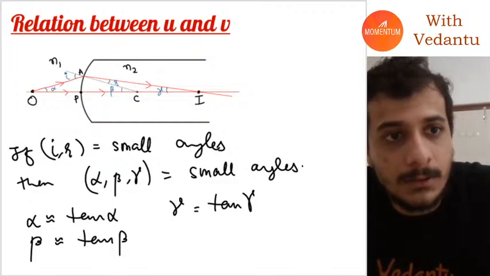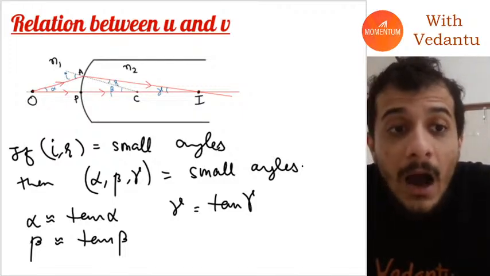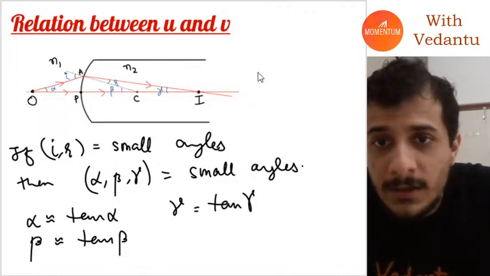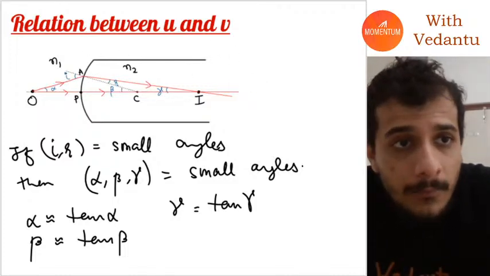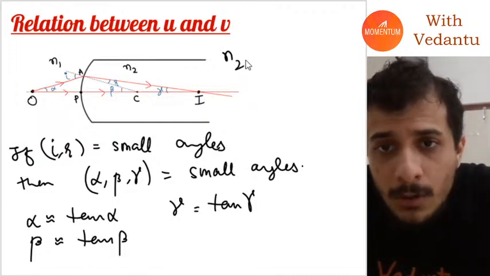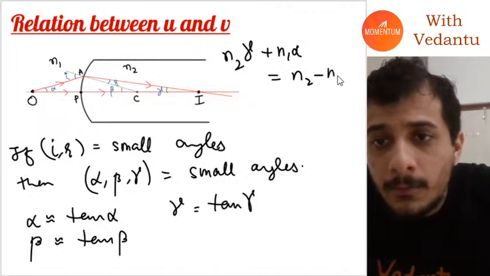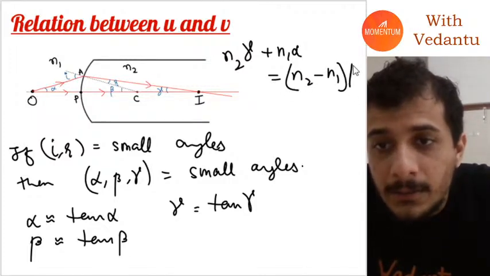Do the derivation, which I can substitute in the original equation. What was the original equation? N2 gamma plus n1 alpha is equal to n2 minus n1 into beta.